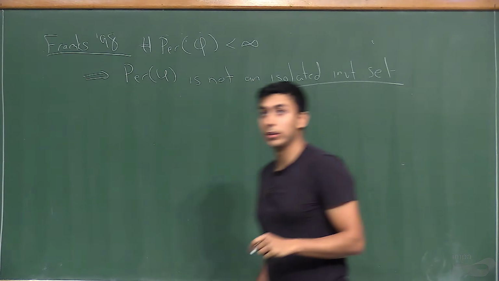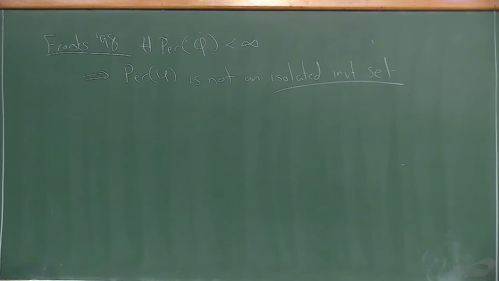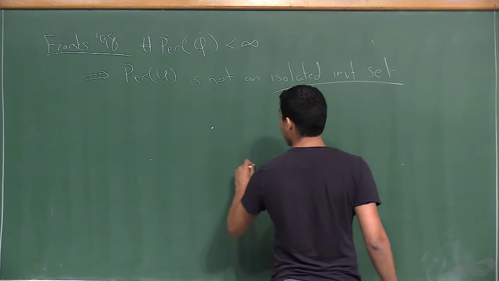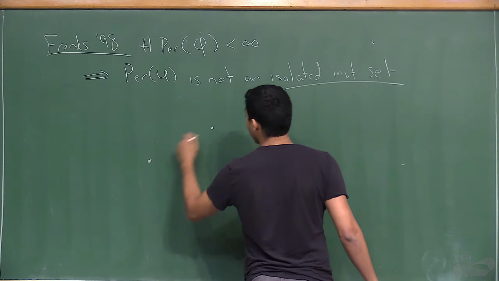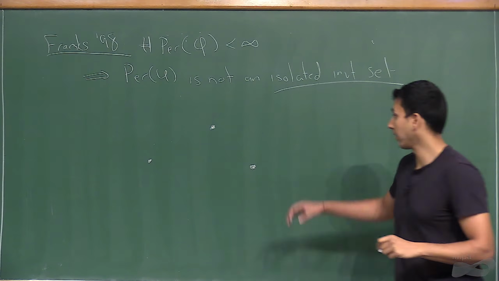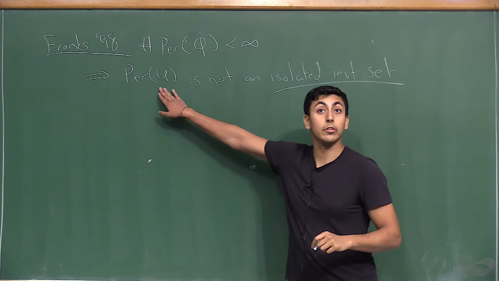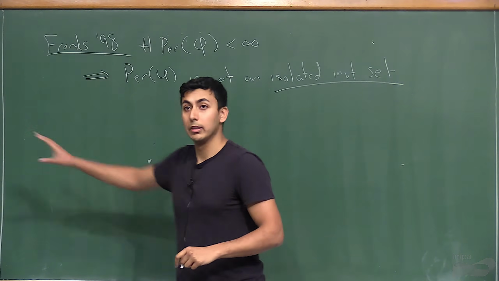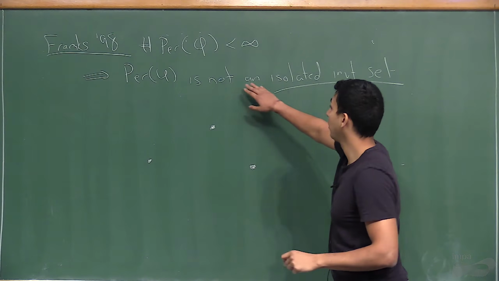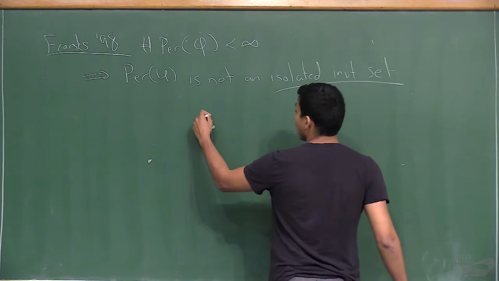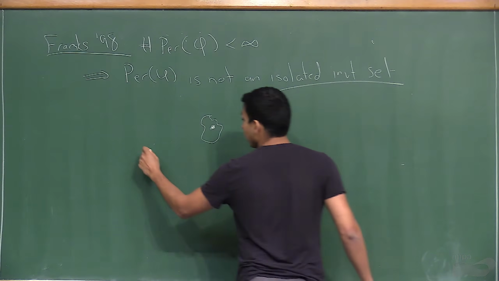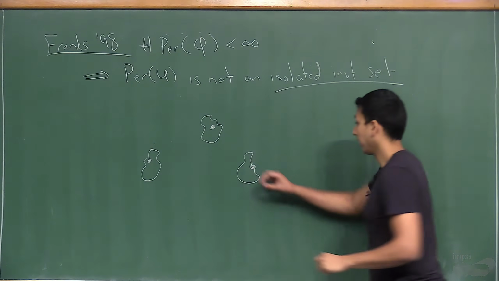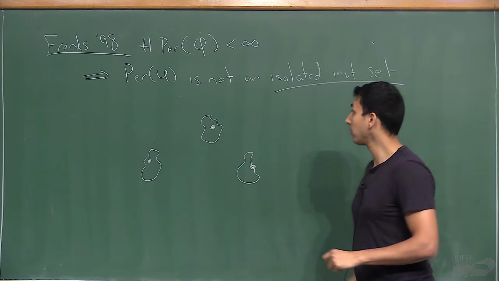This is a notion that was introduced by Conley, and roughly what it means to not be an isolated invariant set is that you can find non-trivial compact invariant sets in arbitrary punctured neighborhoods of the set of periodic points. So the Le Calvez-Yoccoz theorem says you can find one, and the Franks theorem says that you can actually find all sorts of interesting invariant sets, getting closer and closer to the set of periodic points.